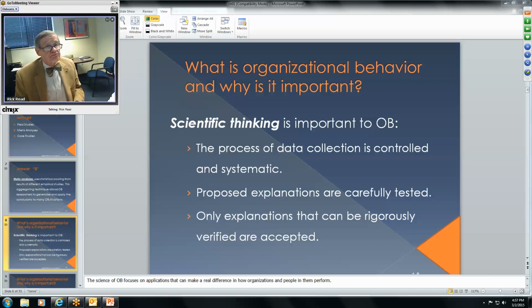Scientific thinking is important. I mentioned that a little bit before. Scientific thinking is always important because you're trying to process data and collection and do it in a systematic way to be able to get the information that you're going to look for.